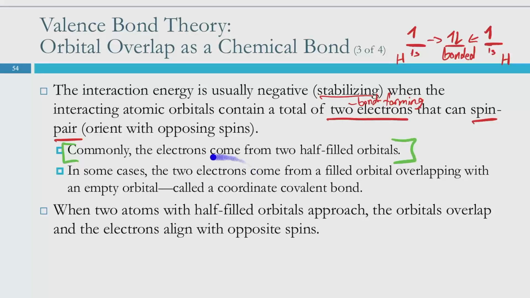It's also possible for 2 electrons to come from a filled orbital and have that overlap with an empty orbital. So one atom provides both electrons. And the other one's just kind of there.